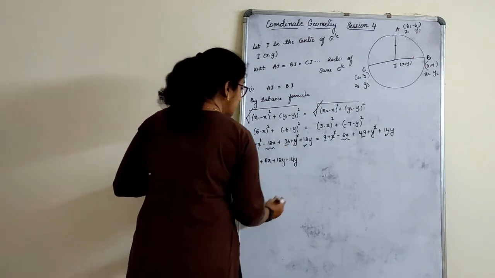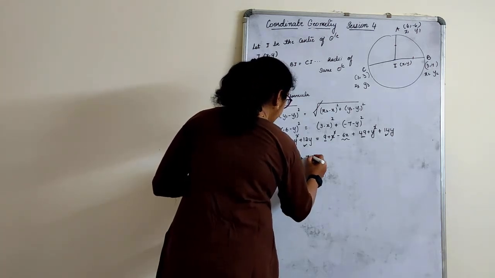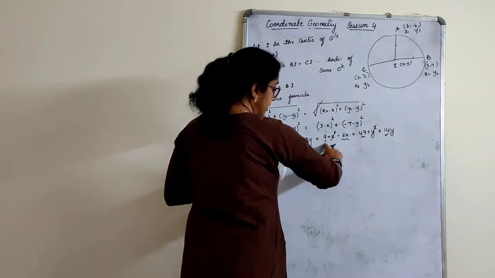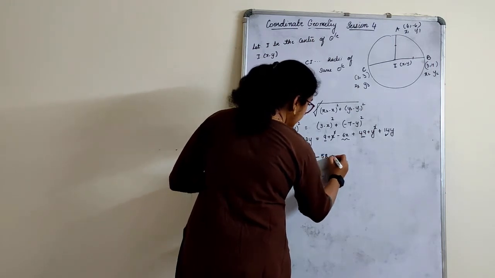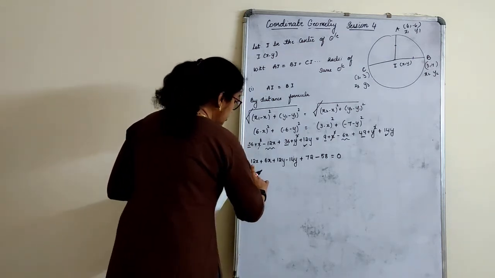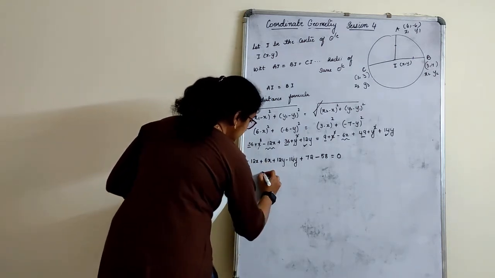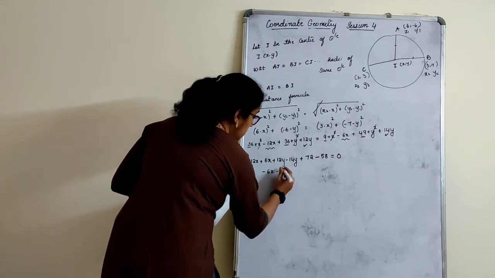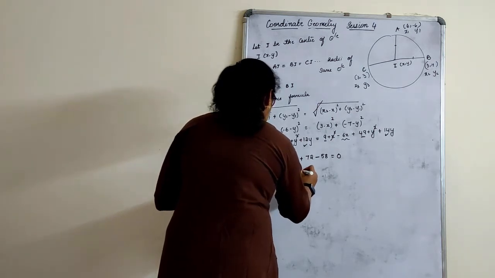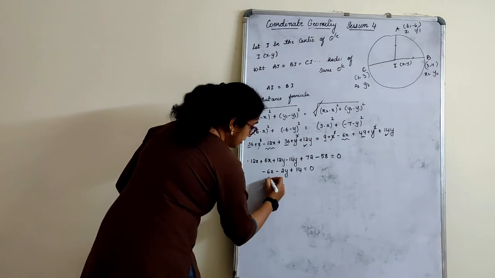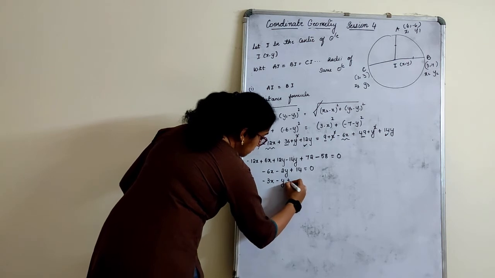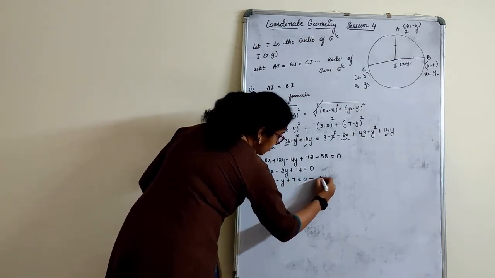So 36 plus 36 is 72, minus 49 plus 9 is 58, minus 58 is equal to 0. All the terms we have touched here. Now 12x minus 12x plus 6x is minus 6x, minus 2y plus 14 is equal to 0. Take 2 common: 3x minus y plus 7 is equal to 0, equation 1.